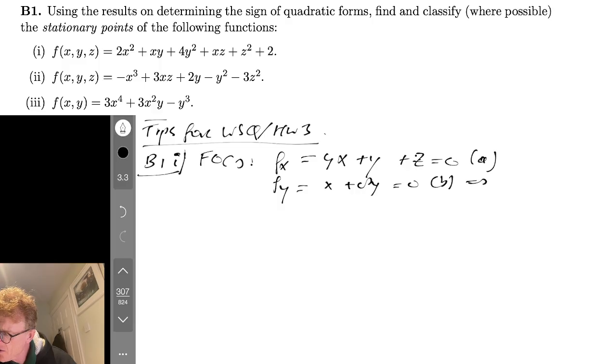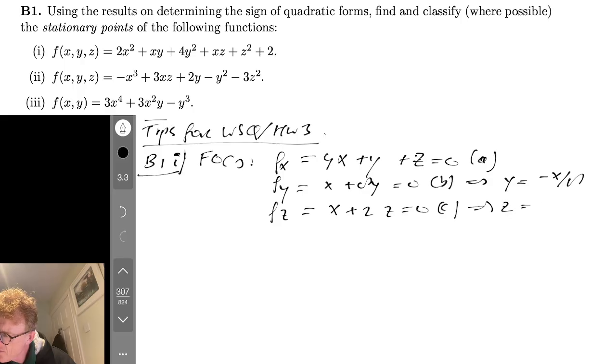So fz is x plus 2z is 0. C. This is y is minus x over 8.